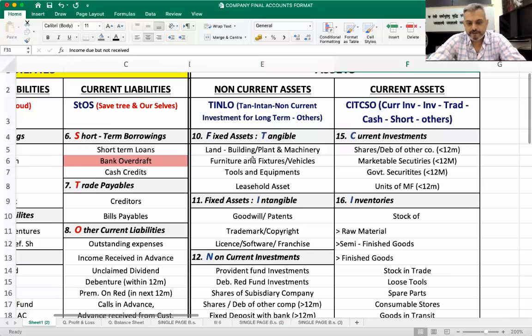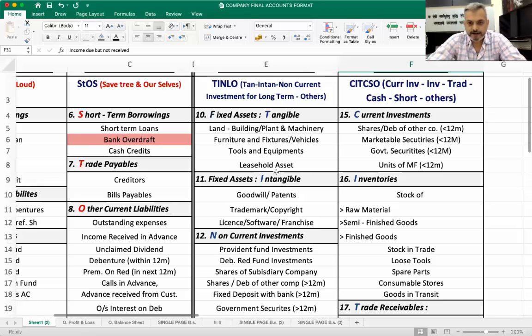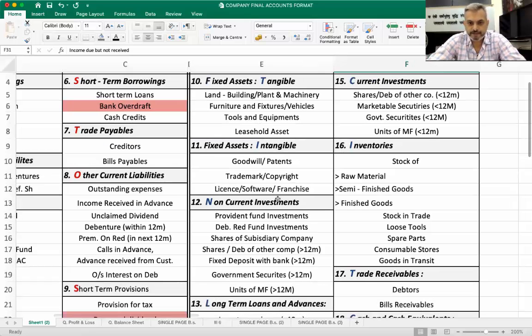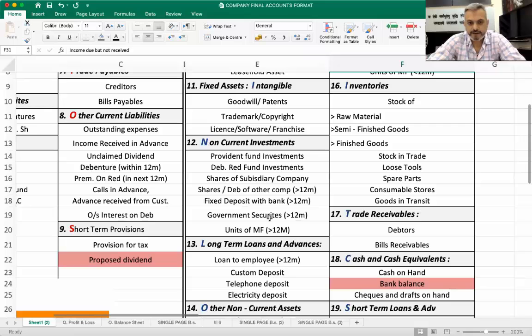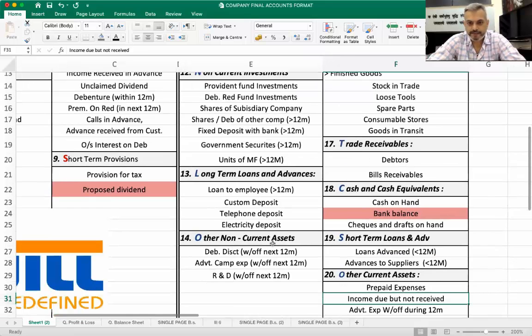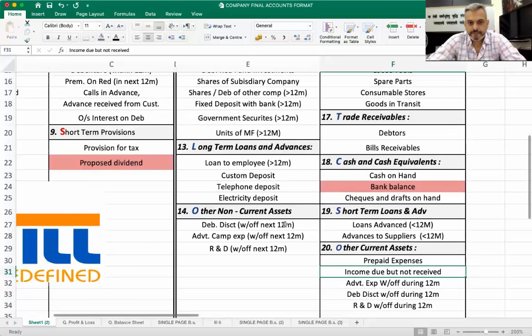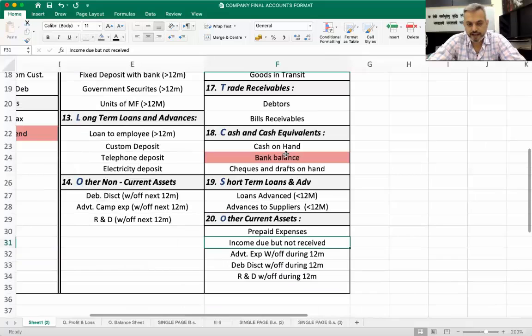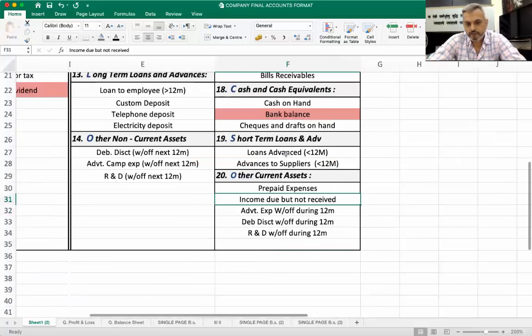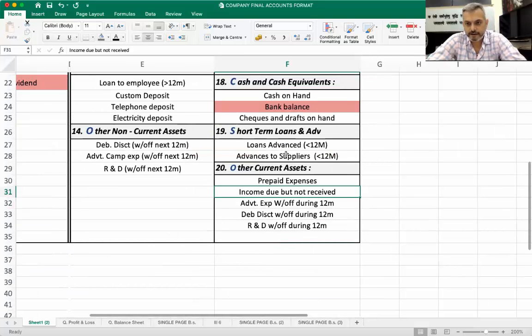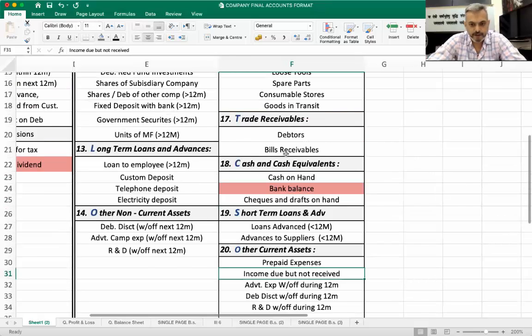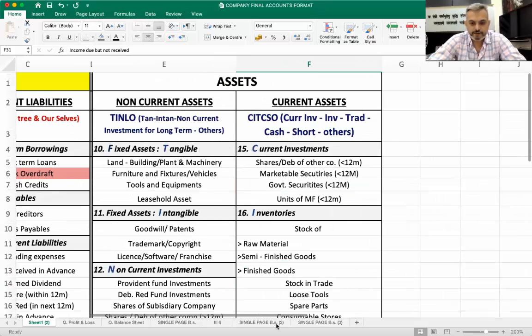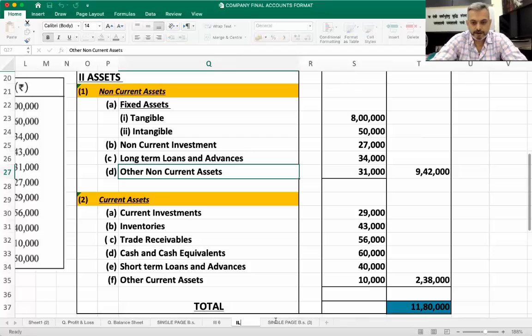That is fixed assets, what comes in fixed asset, intangible, what comes in intangible, non-current investment, long-term loans and advances, then other non-current asset, then current investment, inventory, trade receivable, cash and cash equivalent, short-term loans and advances, and other current assets. Go through this format once, and then let's go to illustration number 9.